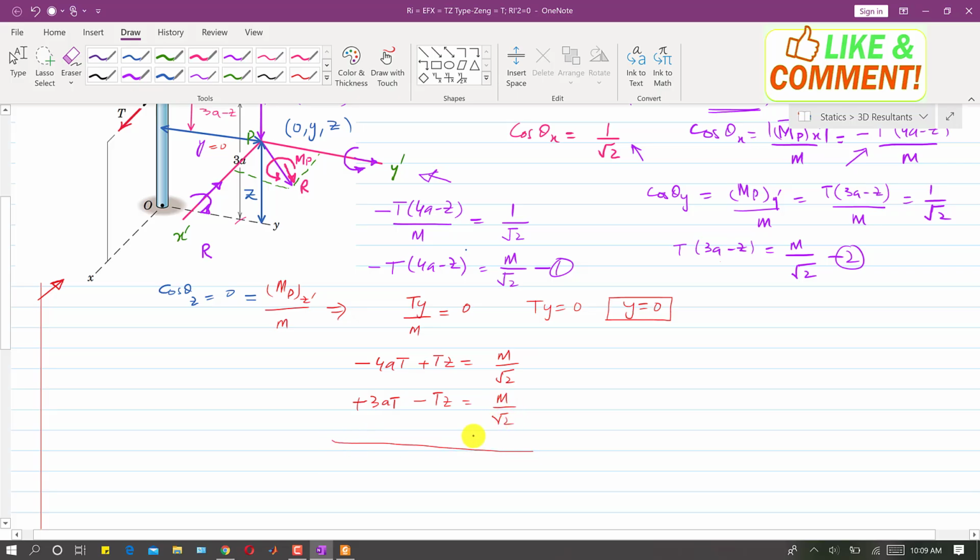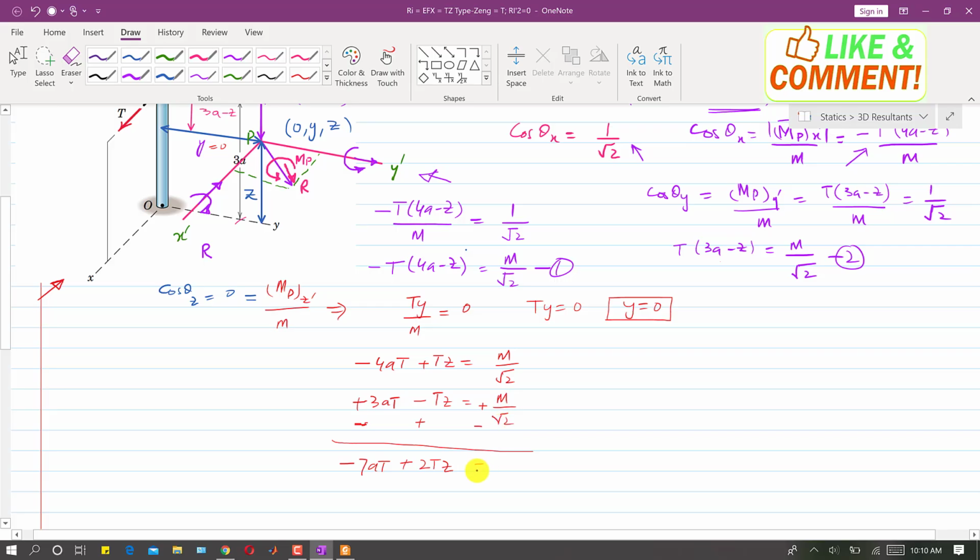So if we subtract both of these equations, this will become positive, this will become negative, and this will become negative as well, right? So this will be minus 7at and this will be plus 2tz, and this will cancel out, right?